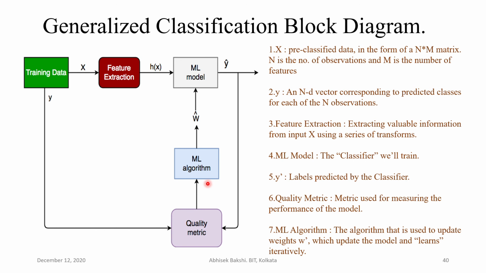The ML model is a function, you can assume, a formulation, and the ML algorithm is the algorithm that changes the free parameters of that formula so that the formula can find the correct Y for some X in future.